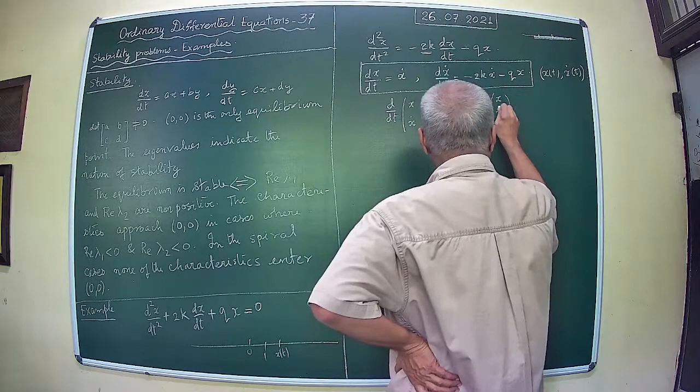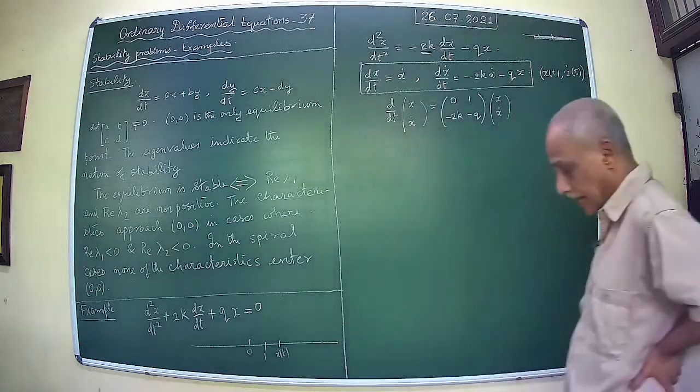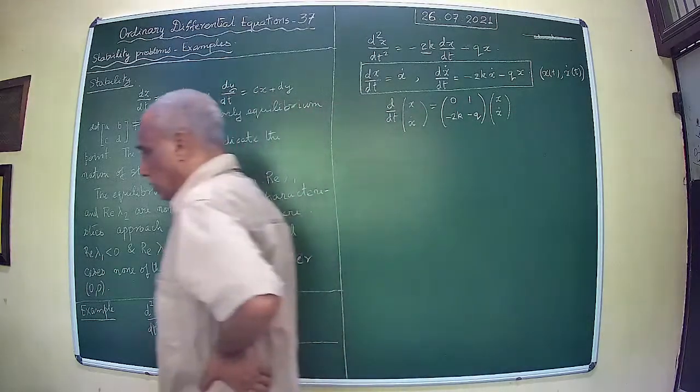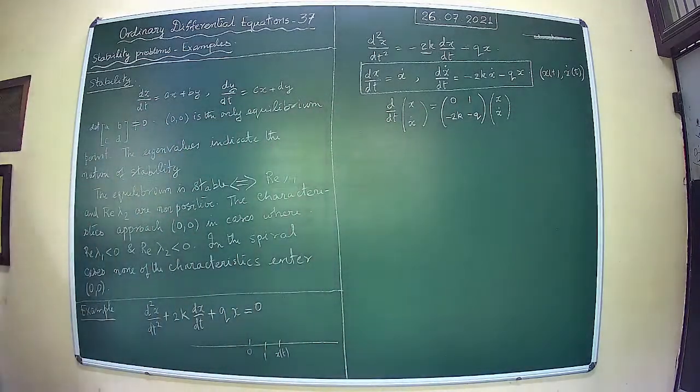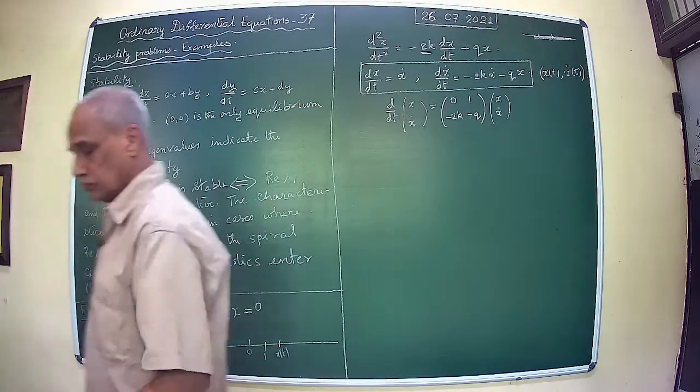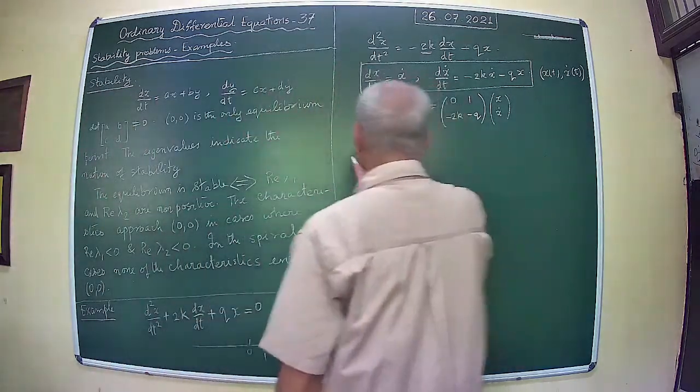In the physicist's language, (x, x dot) is said to be a point in the phase plane.